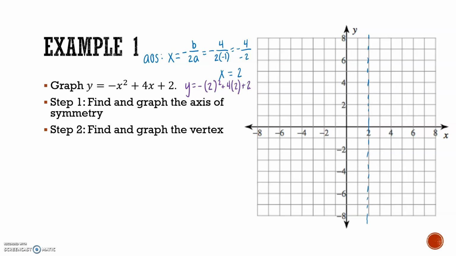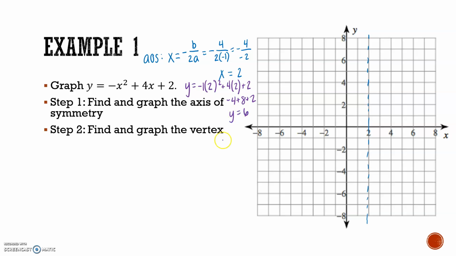Now be very careful here. A lot of people want to put that negative with the 2, but it's actually saying we have negative 1 times 2 squared. 2 squared is 4, and 4 times negative 1 is negative 4, plus 8, plus 2. So this gives me 4 plus 2, which is 6. So y would equal 6.